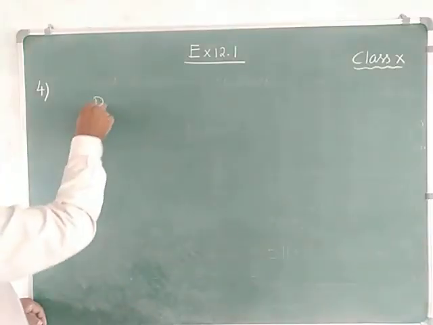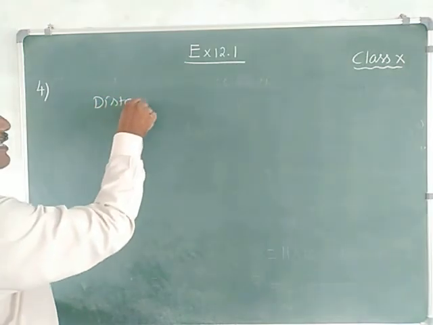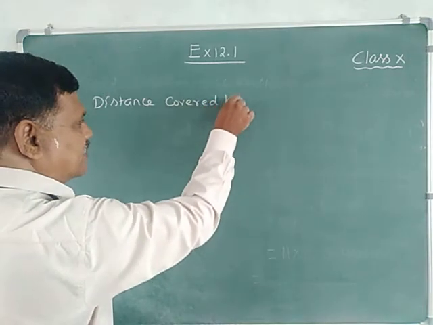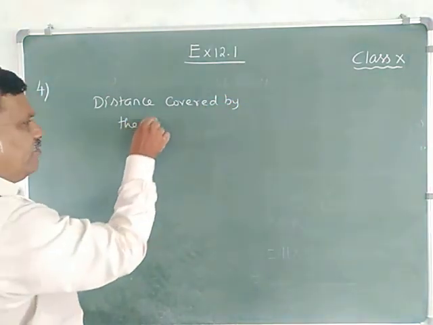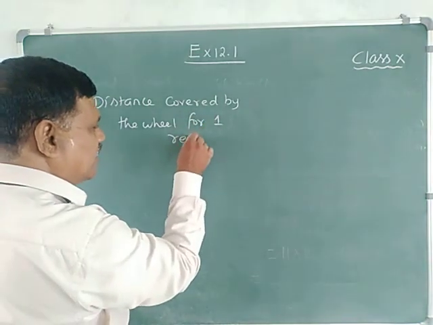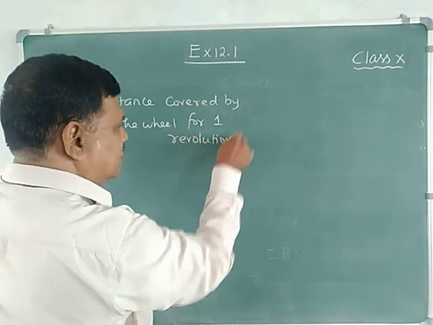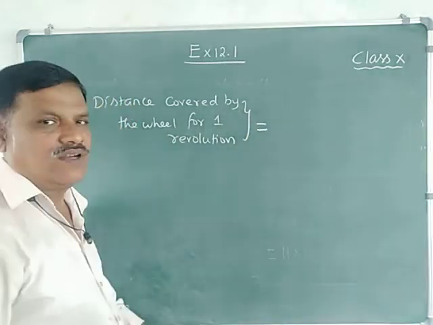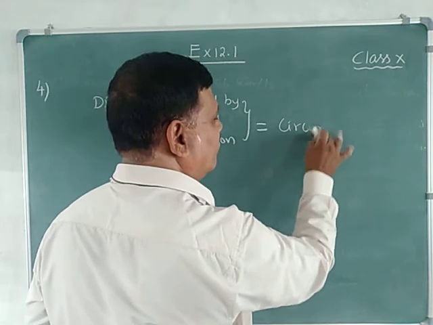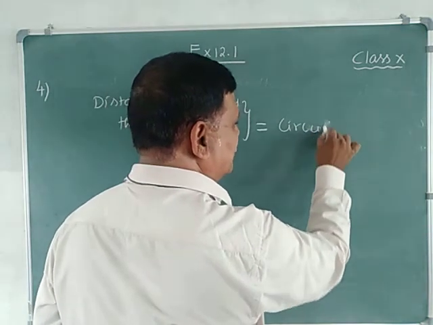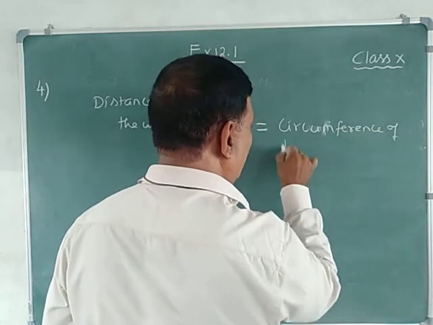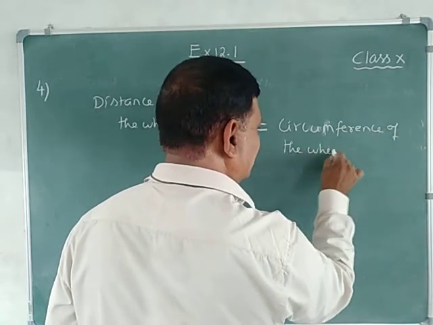Now we are going to find distance covered by the wheel for 1 revolution. This is nothing but the circumference of the wheel. Okay.